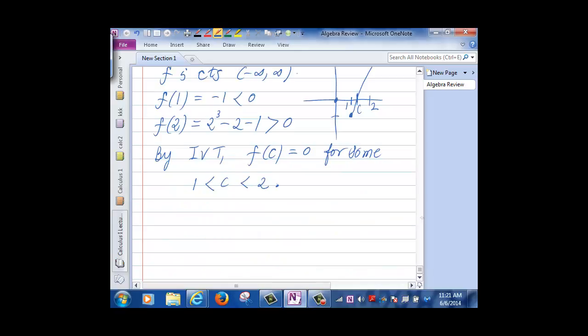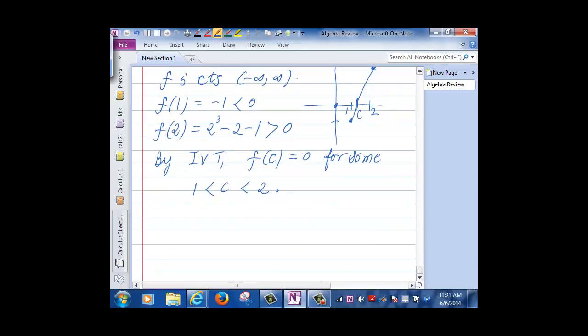So here f of 1 is negative, f of 2 is positive, and 0 is in between, so f of c must be 0 for some c in between 1 and 2. Is that making sense? You're going to see some problems in the homework where you have to do that.